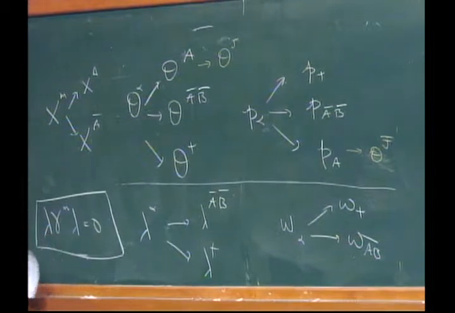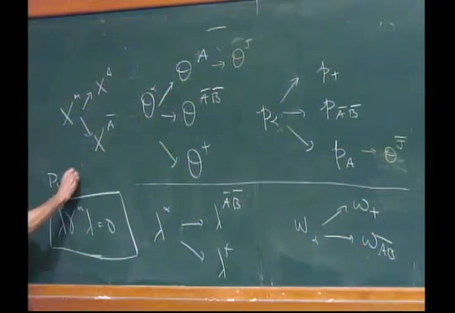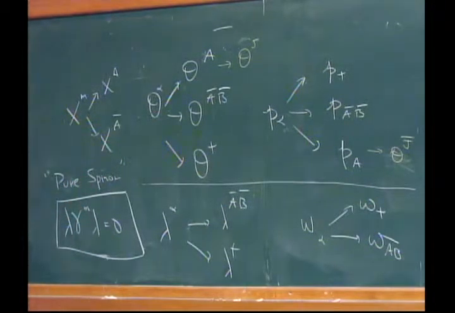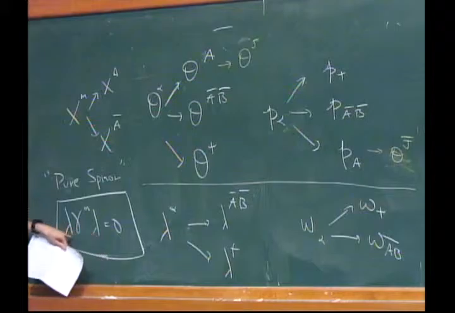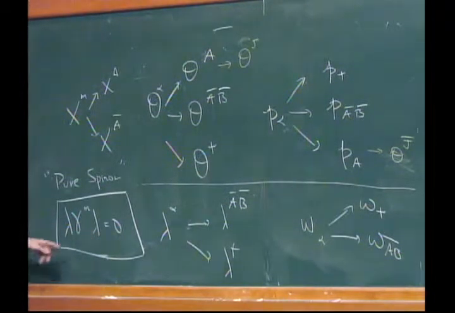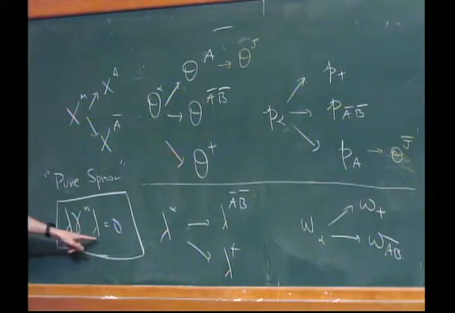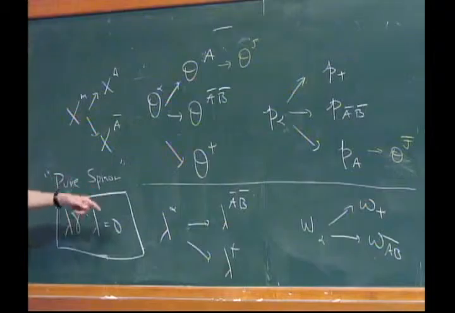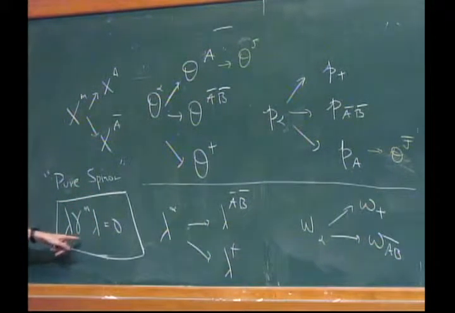So this condition here is called the pure spinor condition. Cartan discussed this in the 30s, and the idea is that there are irreducible representations of SO(10), or in general SO(2D), which have fewer independent degrees of freedom than a Weyl spinor. So this is a constrained spinor, which turns out to have 11 complex degrees of freedom.